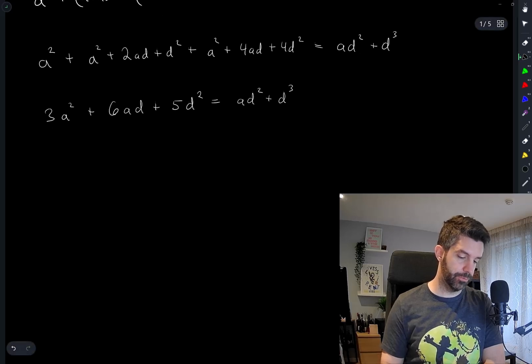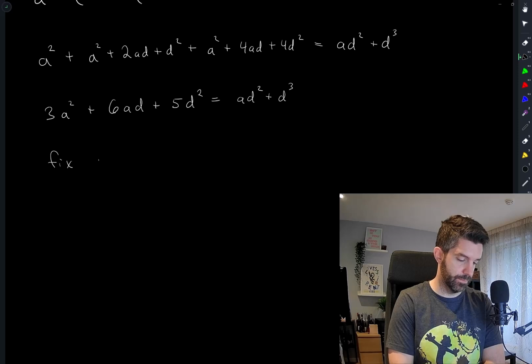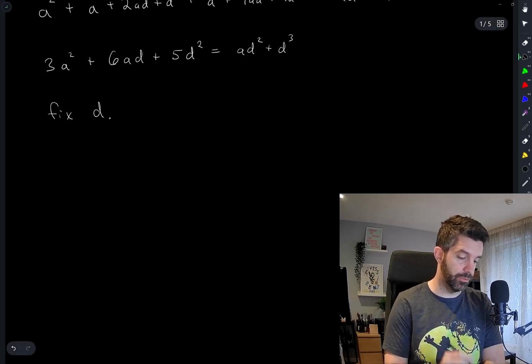I suppose for any fixed value of d, this is simply a quadratic expression for a. Maybe this is how we go about it. Fix d, which is an integer, and we also need a to be an integer.